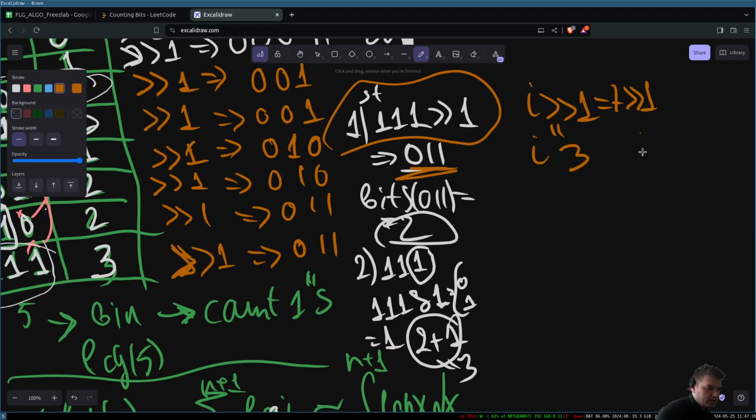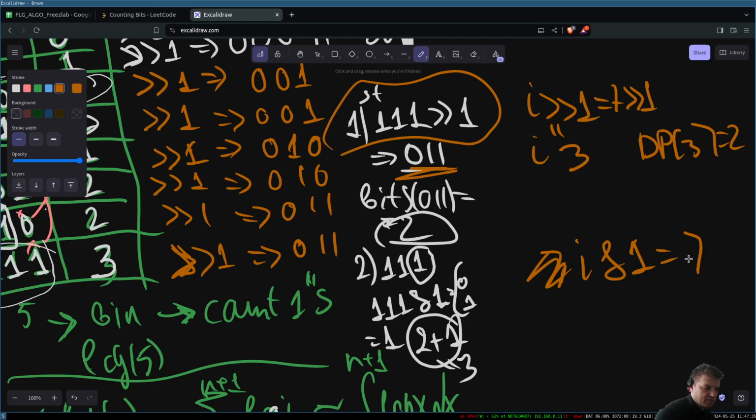So dp of 3 is going to be 2. Then the second step, I need to do I and 1, which is 7 and 1, and it's going to equal 1. So I add 2 plus 1, and the result is 3 for the number of bits in I equals 7.